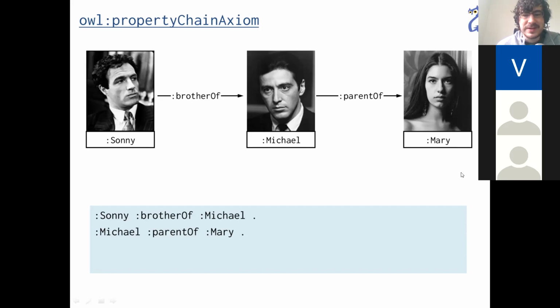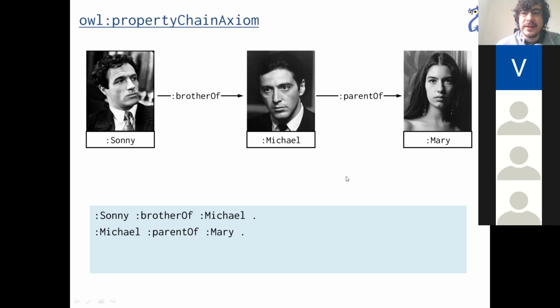What can we say between Sonny and Mary here intuitively? That they are related? Yep, but a more specific relation, right? Que Sonny es el tío de Mari. Yep, so Sonny, tío, uncle of Mary. Yeah. So how do we get this inference?